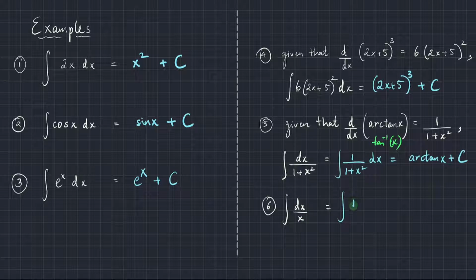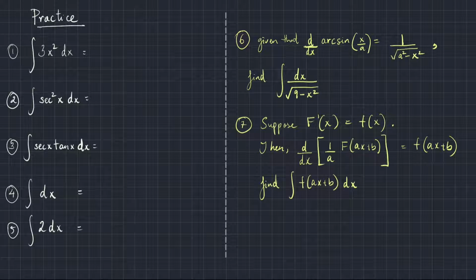It's the same as the integral of 1 over x dx. And if you remember, this is the natural log. The derivative of the natural log is 1 over x. I'm going to call the natural log ln x plus c. I'm not going to go into any details here, but just remember, if your argument can be negative, just enclose it within an absolute value.